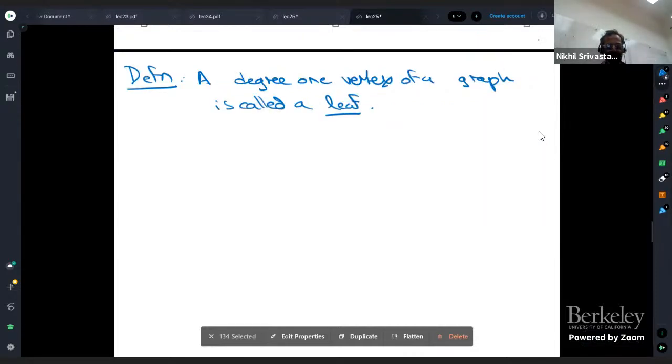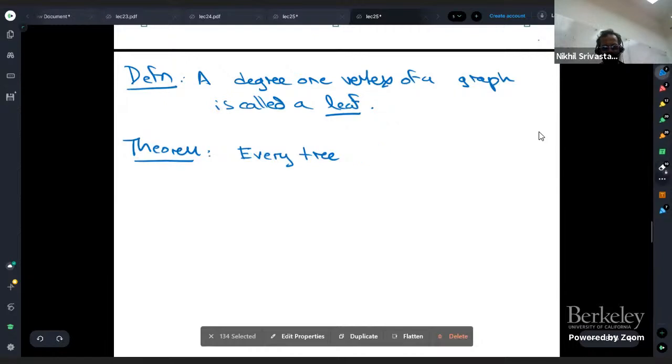And here's a nice simple theorem about trees. Every tree has at least 1 leaf. Actually, let's just say 2. Every tree with at least 2 vertices has at least 2 leaves.